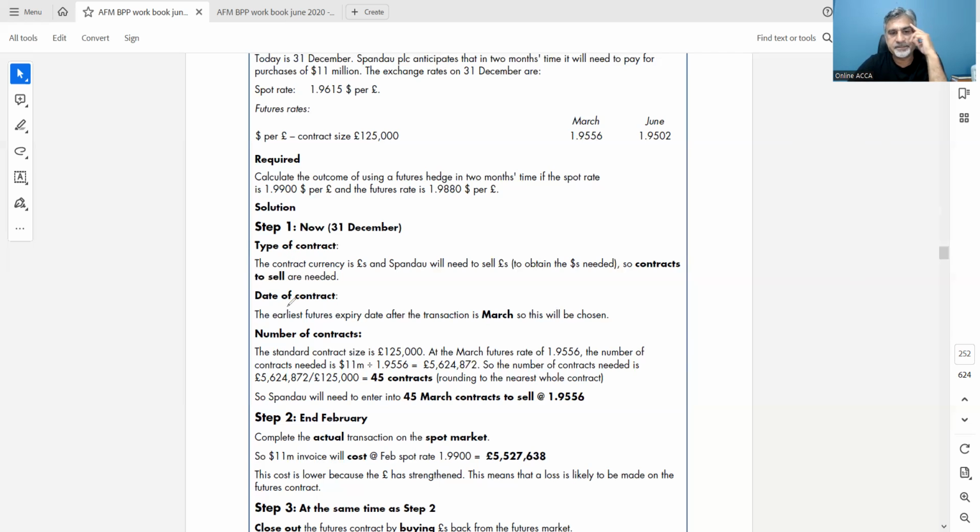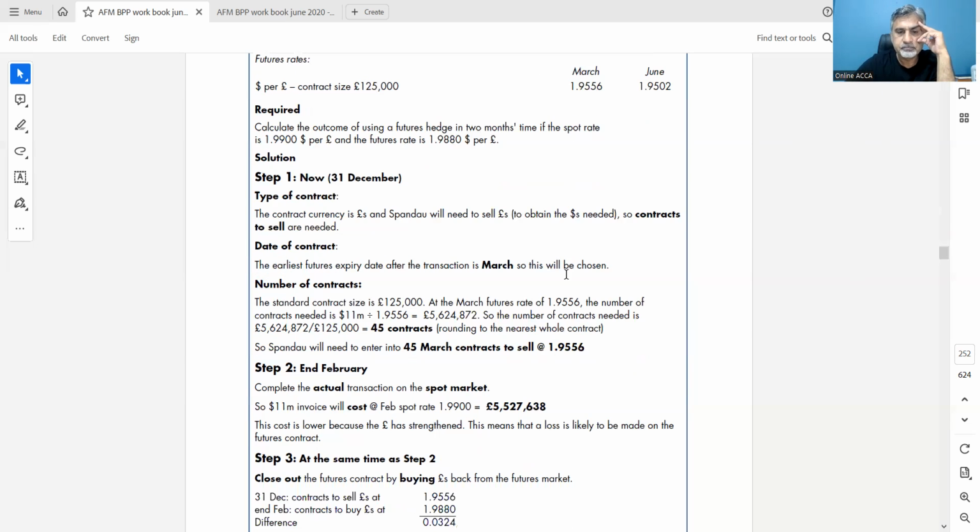it's a sell contract. Number 2, choose which date. We are going for March. We agreed on that. Number 3, what is the number of contracts you need? Step number 3, find out the number of contracts. So the contract size is 125,000. The March rate is 1.9556.